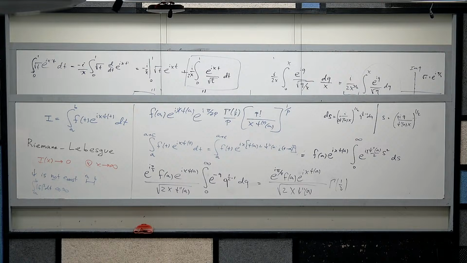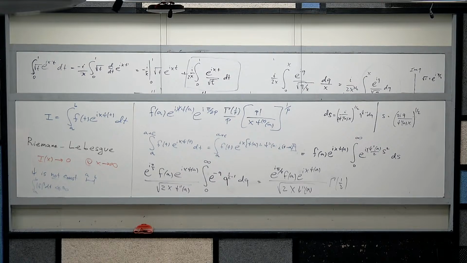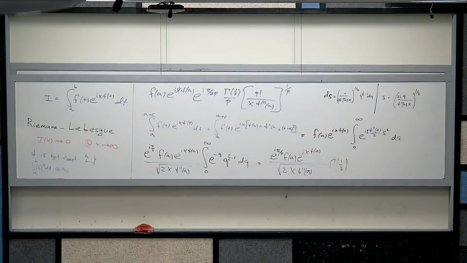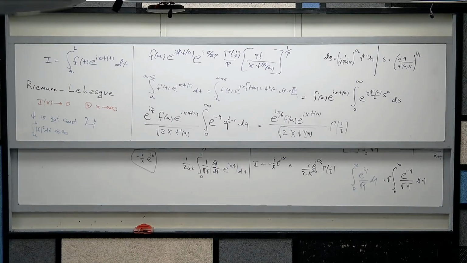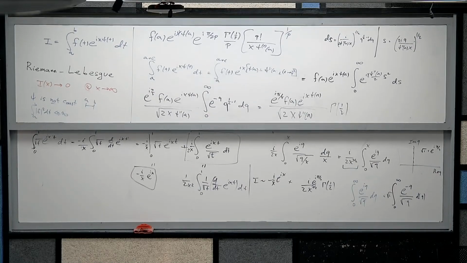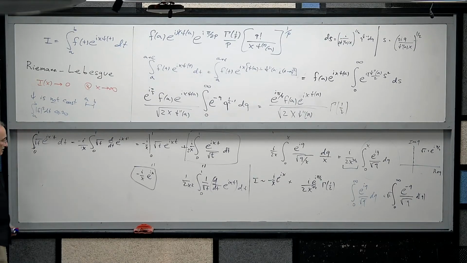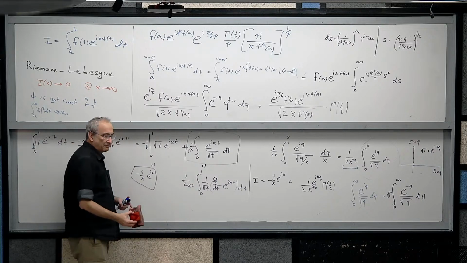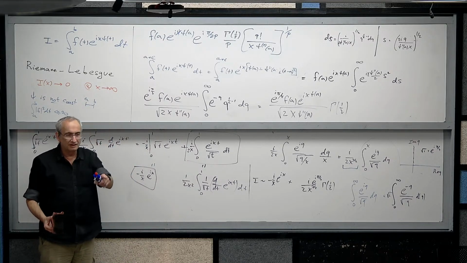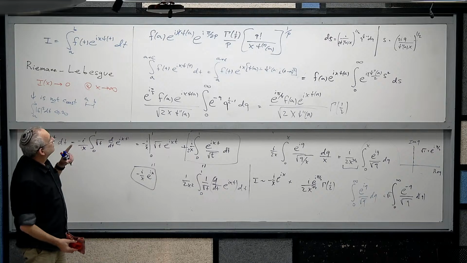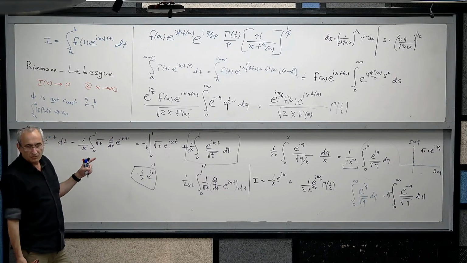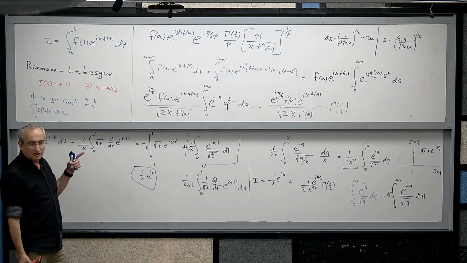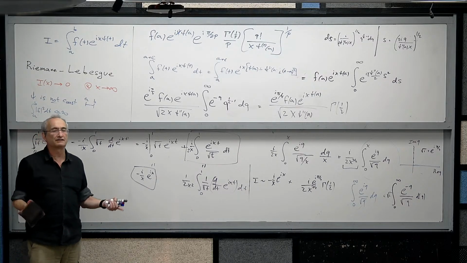So let's try to implement this for a few examples. In a moment I will return to your question, but note that the larger p is, what does it mean physically? The larger p is, the more stationary is the phase at a.